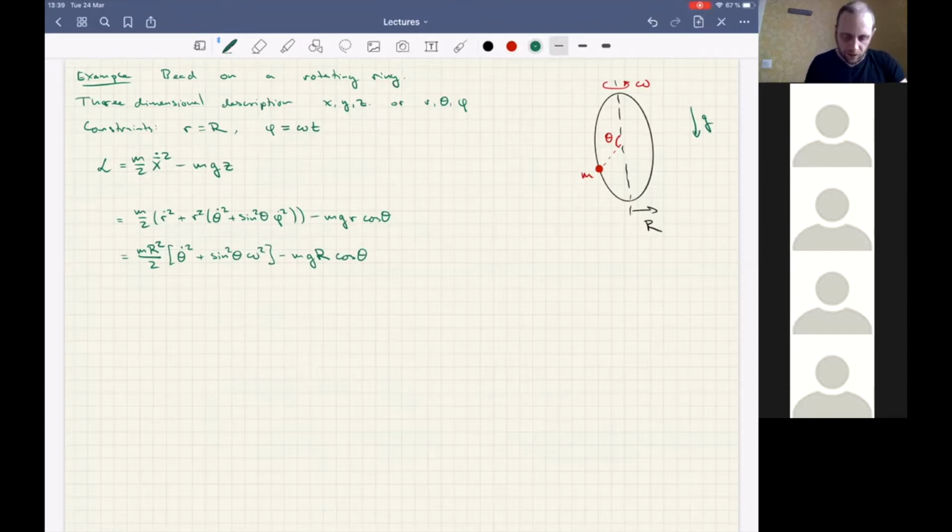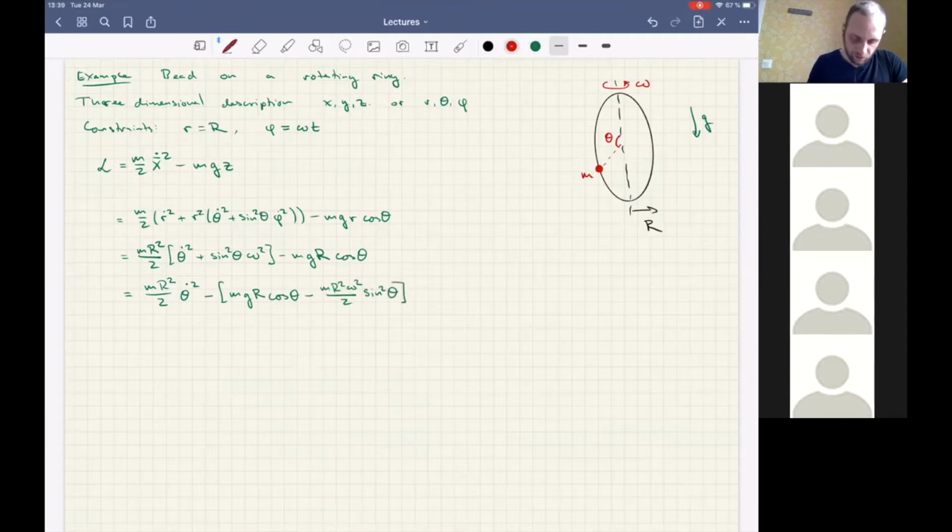So just to separate the kinetic and potential parts, I'm going to write it like this: m r squared over 2 theta dot squared, minus mgr cosine theta, minus m r squared omega squared over 2 times sine squared theta.